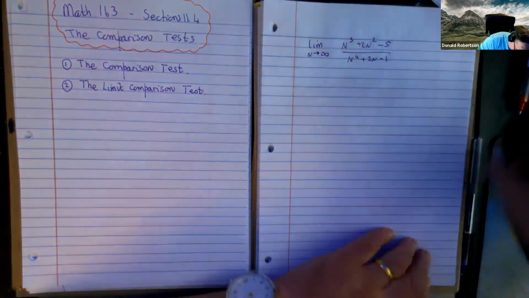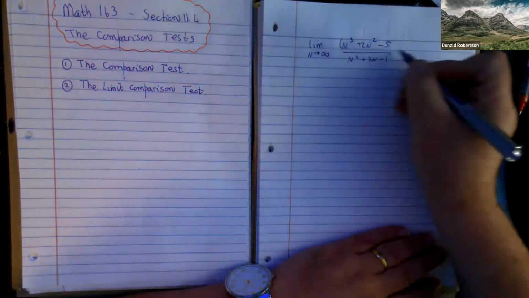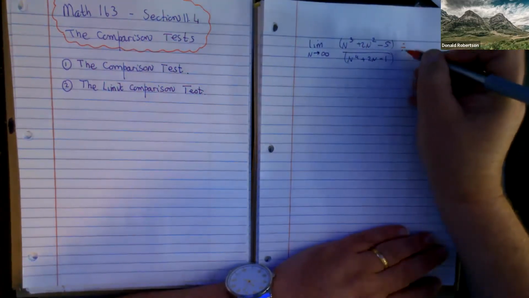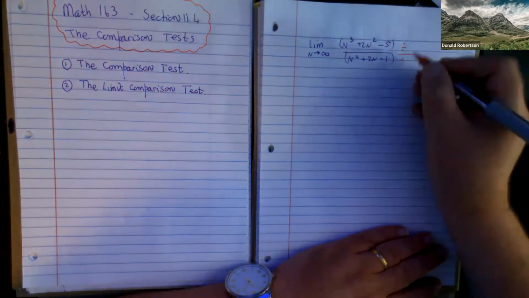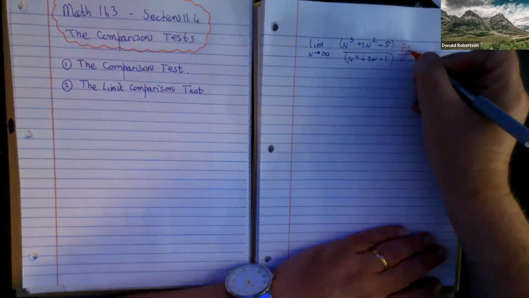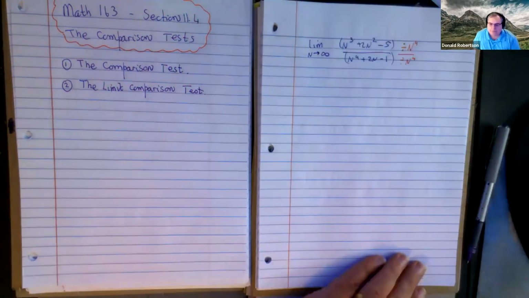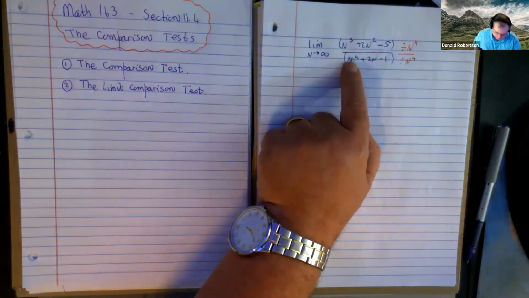The first method is you can divide the top and the bottom by the same power of n. In this case, I'm choosing n to the 4.